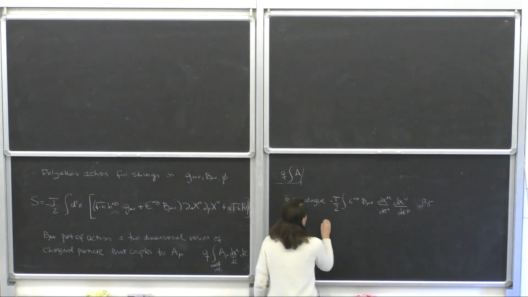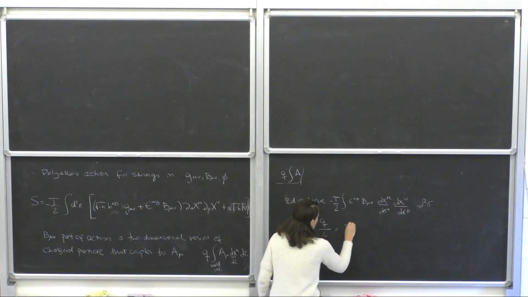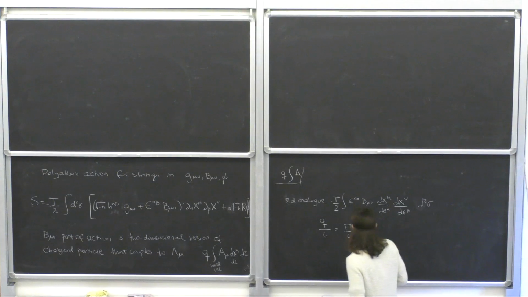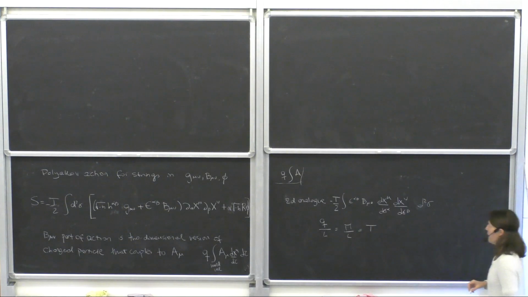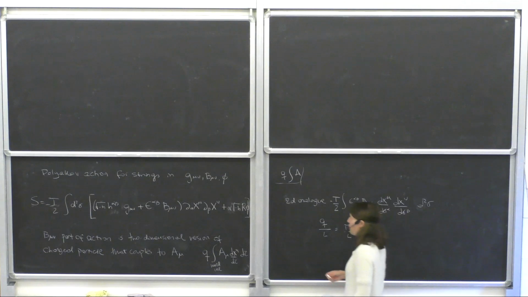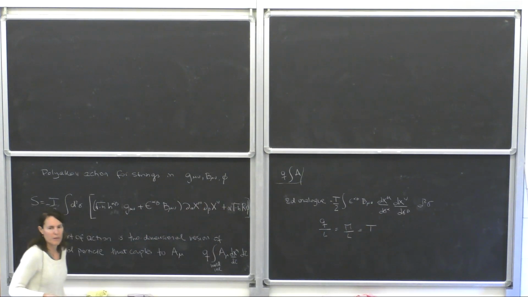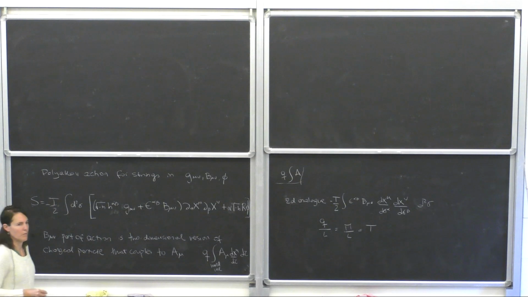So charge per length is equal to the mass per length, and this is the tension of the string. This is a property of what's called BPS objects, which I don't know if Dan Waldron talked about, or will.